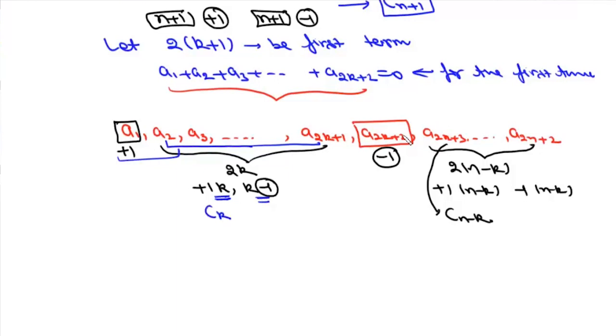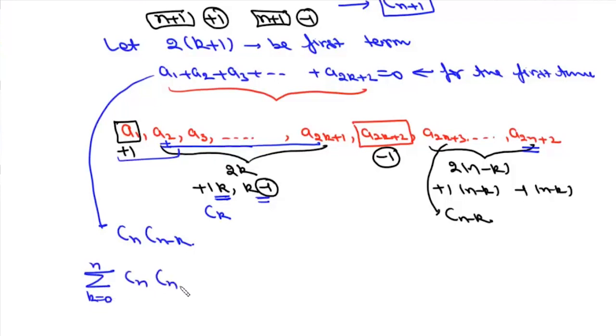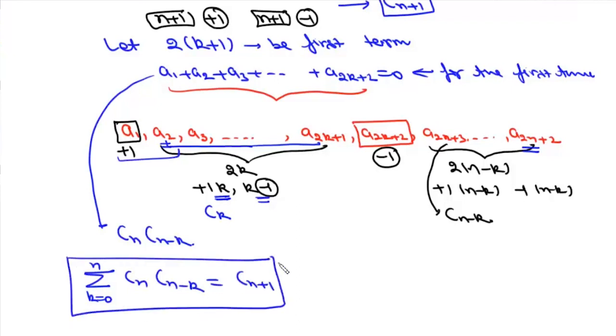So if the sequence is 0 for the first time at 2k plus 2, then the number of ways of writing the sequence is Ck into C(n-k). Now this k can vary from 0 to n. So the total number of acceptable sequences will be given by this summation, k varies from 0 to n, Ck C(n-k), and it is equal to C(n+1), which is what we needed to prove in this question.